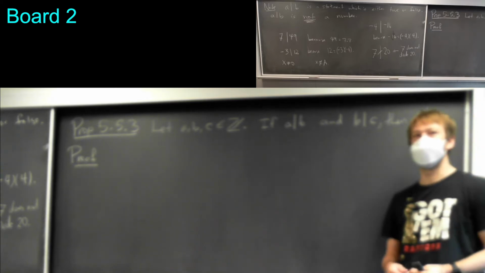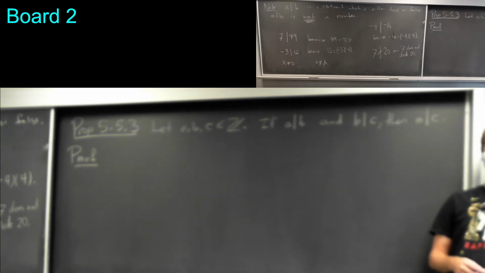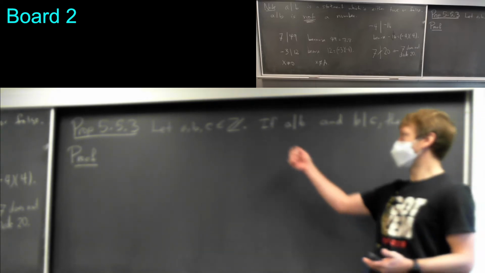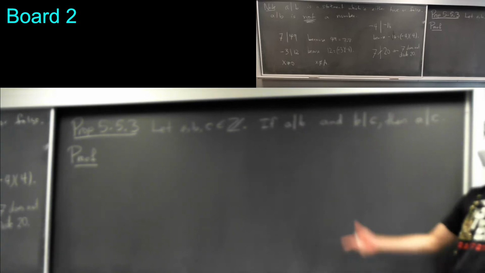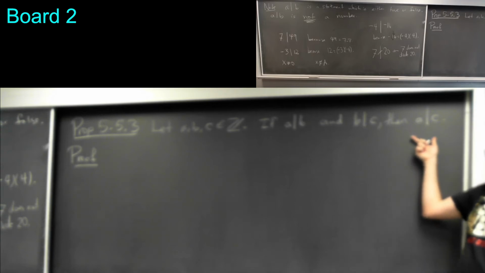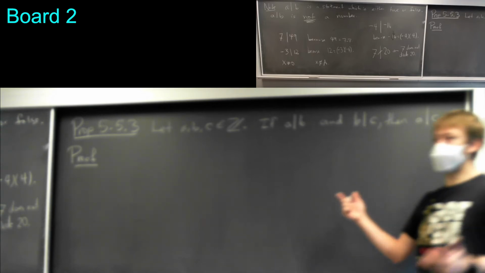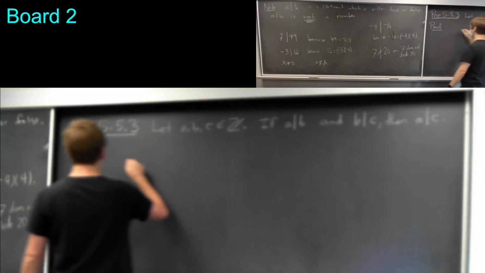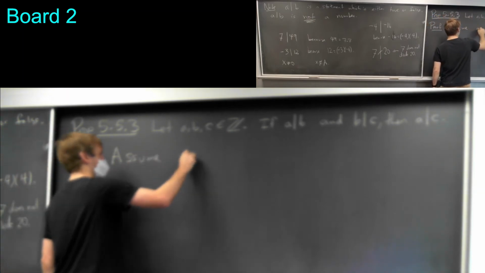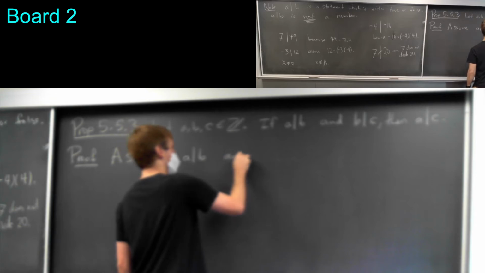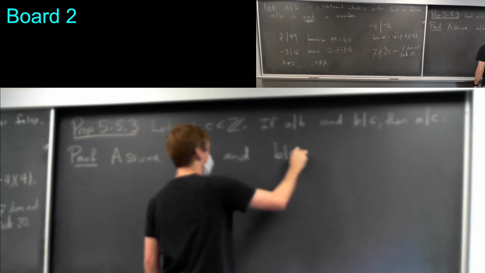Okay, where should I start here? This is the same for pretty much anytime you're proving an if-this-then-that statement. We're going to do a direct proof. So I'm going to start by assuming that a divides b and that b divides c.